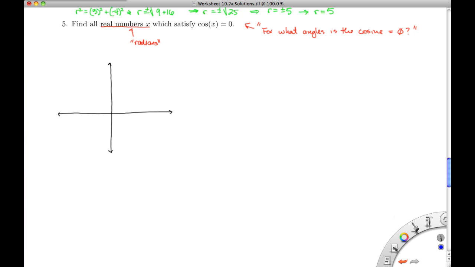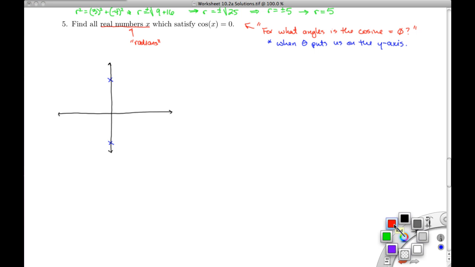So that's the short answer to this problem: when theta puts us on the y-axis. So that's a very general conclusion here. If we're rotating theta, if we land here or here, that's going to give us the cosine is equal to 0. So how do we explain this?